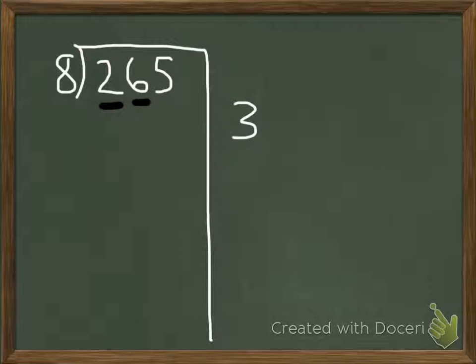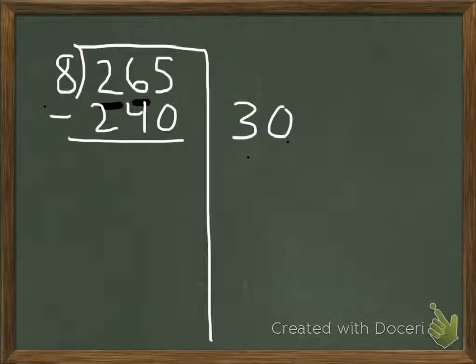And now, of course, I go 3 times 8 is 24. I subtract those numbers, and you can see I have 240. Subtract them from 265, and my answer is 5. Now you saw me put the 0 in again, and the reason for that is, like I explained earlier, I can't leave no 0 and hold it in that place value of 1, so I put a 0 in the ones place under my 5 and also next to my 3.